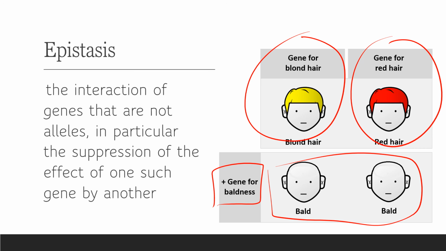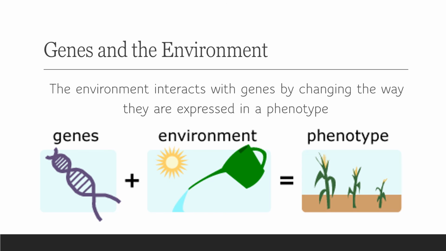So really blonde dogs tend to have a gene to be blonde across the board. And so they might have the gene for chocolate fur, but it doesn't matter if they have that blonde gene there. So this is epistasis, basically suppresses another gene. So the baldness gene, doesn't matter what hair color gene you have, the baldness gene overrides it.